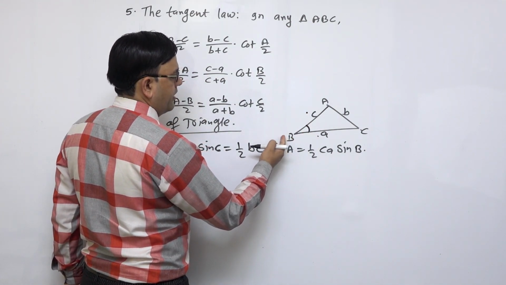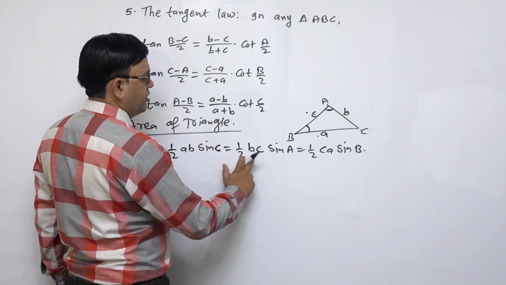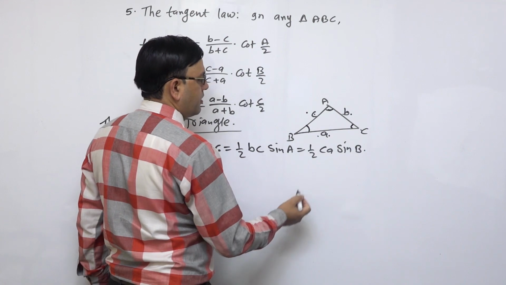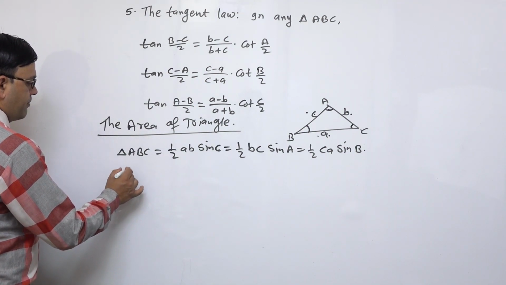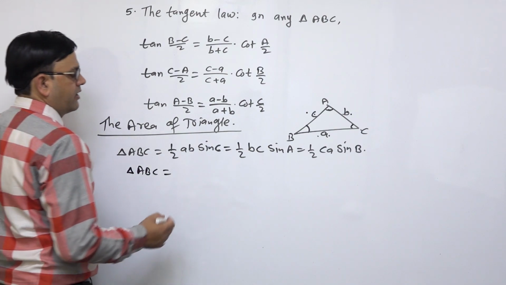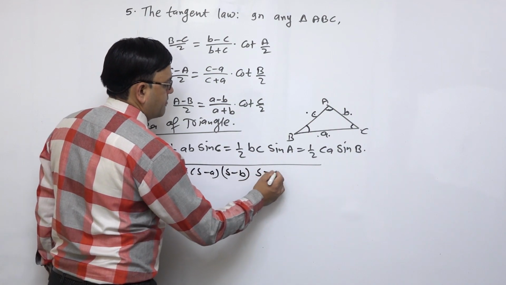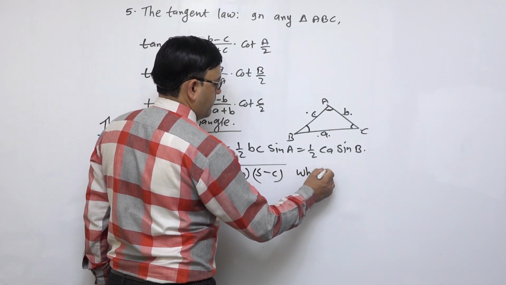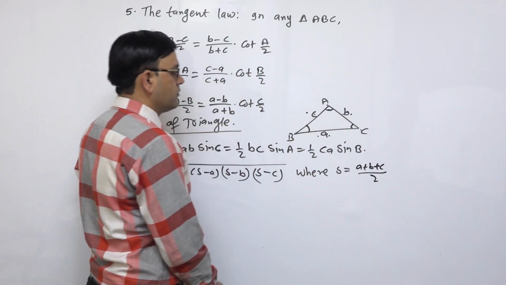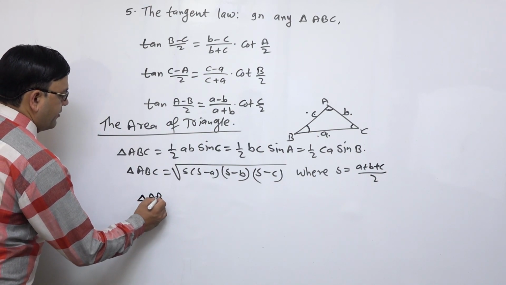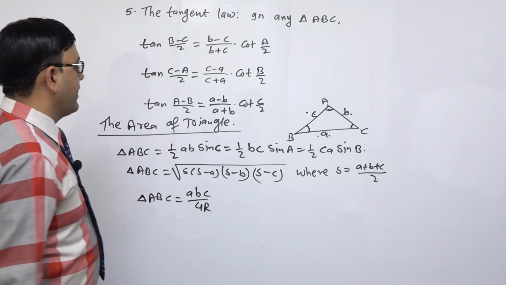Here, half ca sin B. Similarly, if angle A and sides b and c are given, we can use half bc sin A. And if angle C and sides a and b are given, we can use half ab sin C. Similarly, we have another formula: if all three sides are given, then the area of triangle ABC is equal to the square root of s(s minus a)(s minus b)(s minus c), where s is the semi-perimeter, (a plus b plus c)/2. We also have another formula, the area equals abc/4R. So these are the area formulas for a triangle, students.